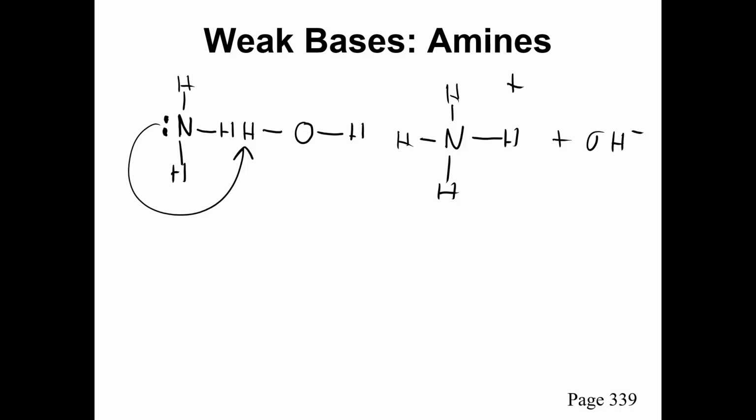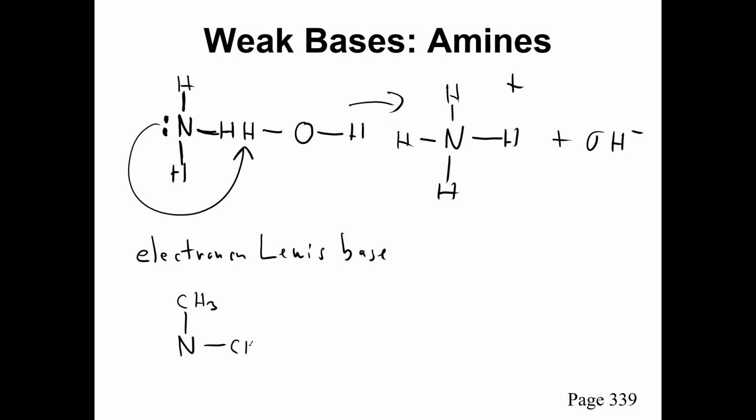There's another definition of acids and bases, a more inclusive, broader definition, and that says that electron donors can be bases. So electron donors are Lewis bases. And that's what all nitrogen compounds with 3 groups are, right? So you can transfer that to other compounds. You can have a nitrogen compound, for example, that has CH3 groups instead of hydrogens.